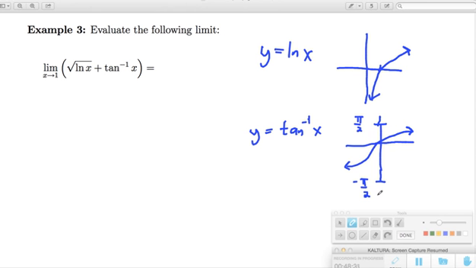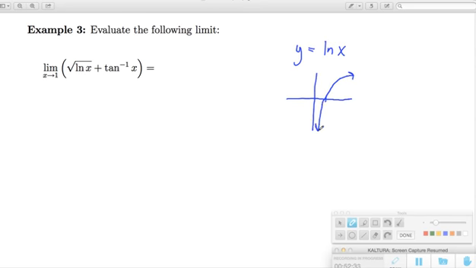Now we are taking the square root of natural log, but notice that square root is only going to have a problem for negative numbers. So notice that after x equals 1, it is negative, which means you're going to have problems.